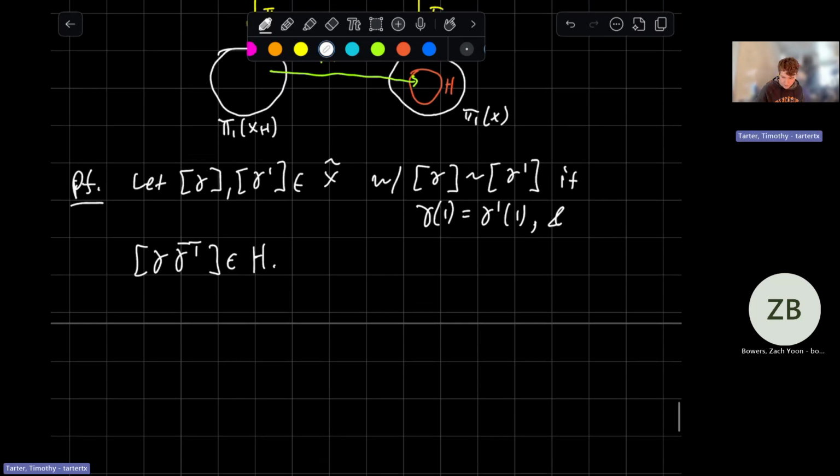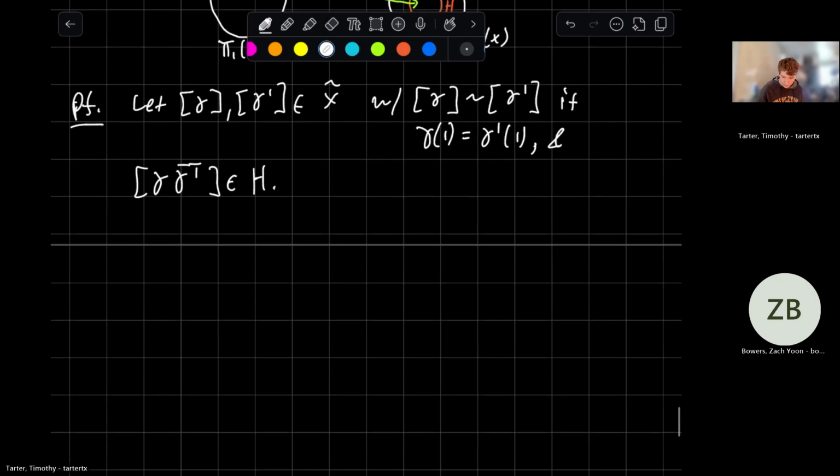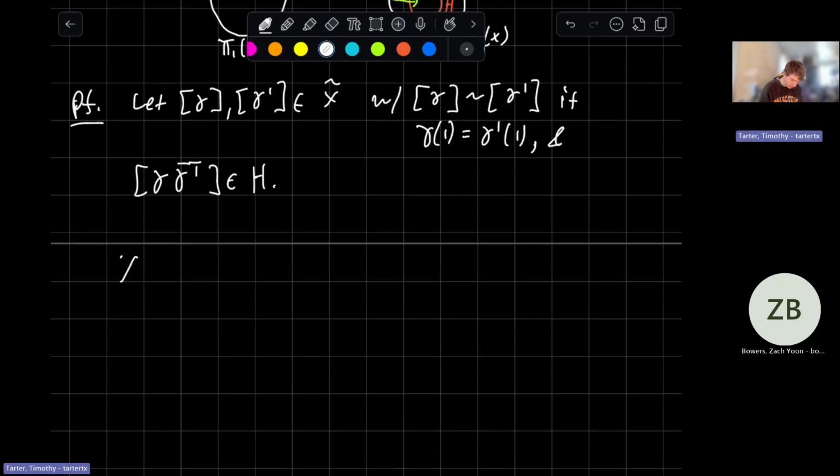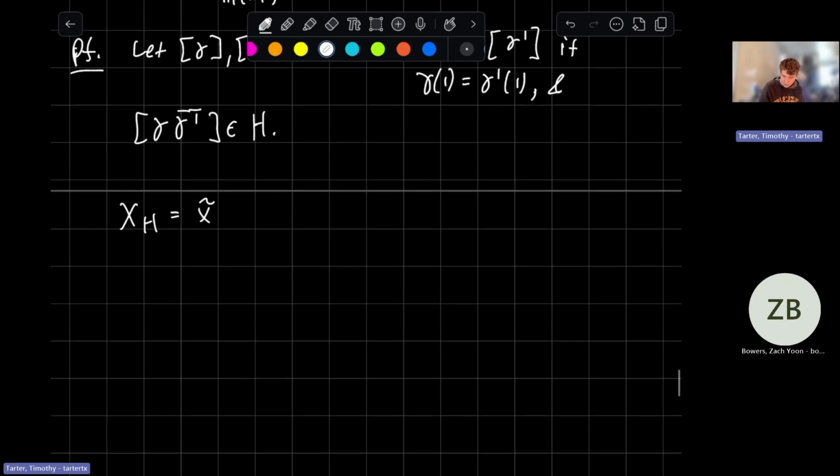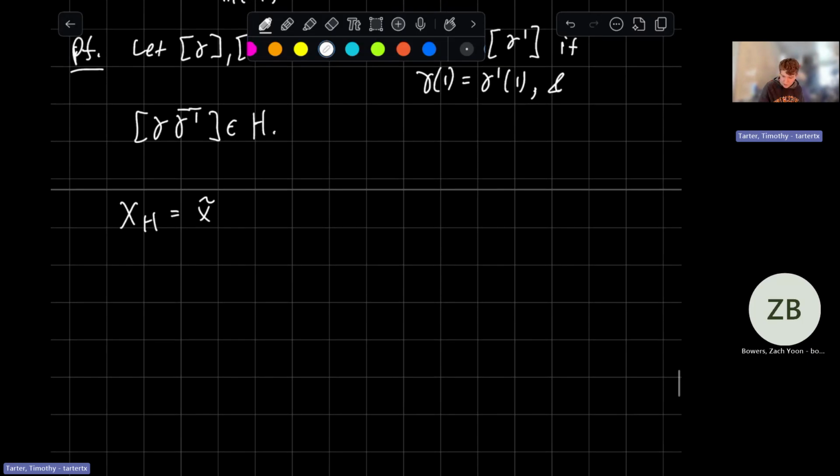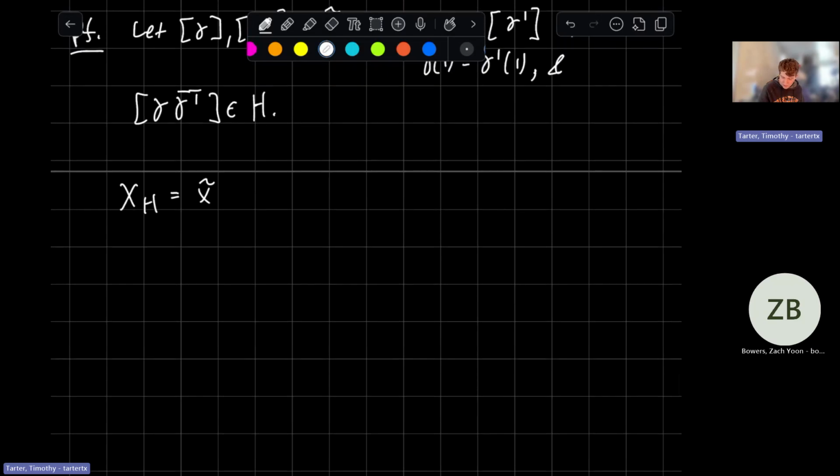Okay. Then it's not an injection. It's just an inclusion.